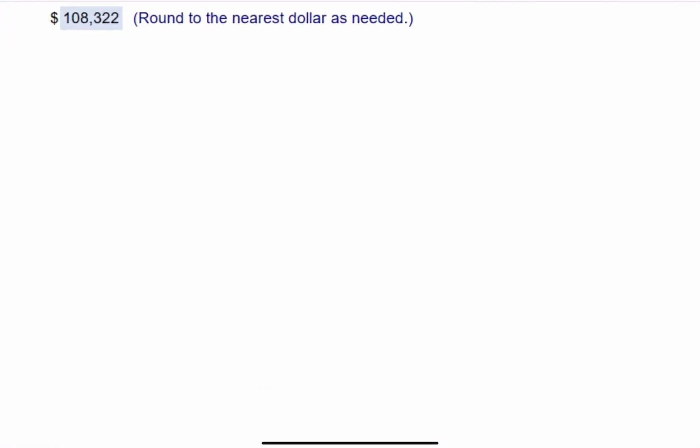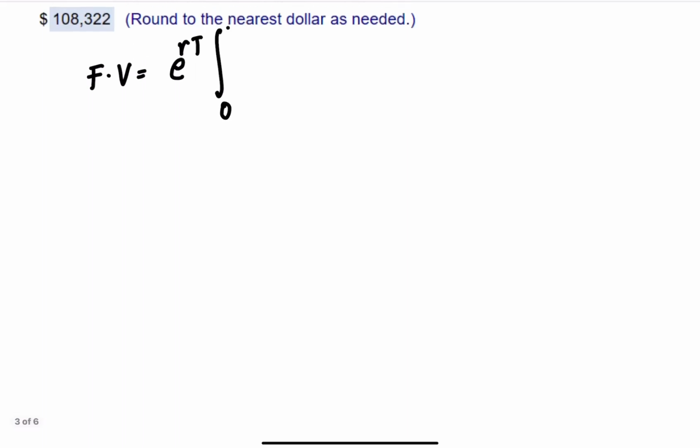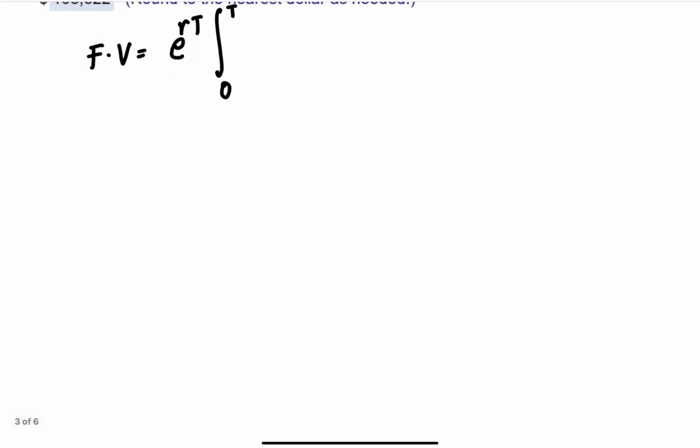The formula I will be using here is future value, because it is a continuous income stream and they mentioned it's compounded continuously. It is e to the power rt, integral 0 to T, f of t e to the power negative rt dt.